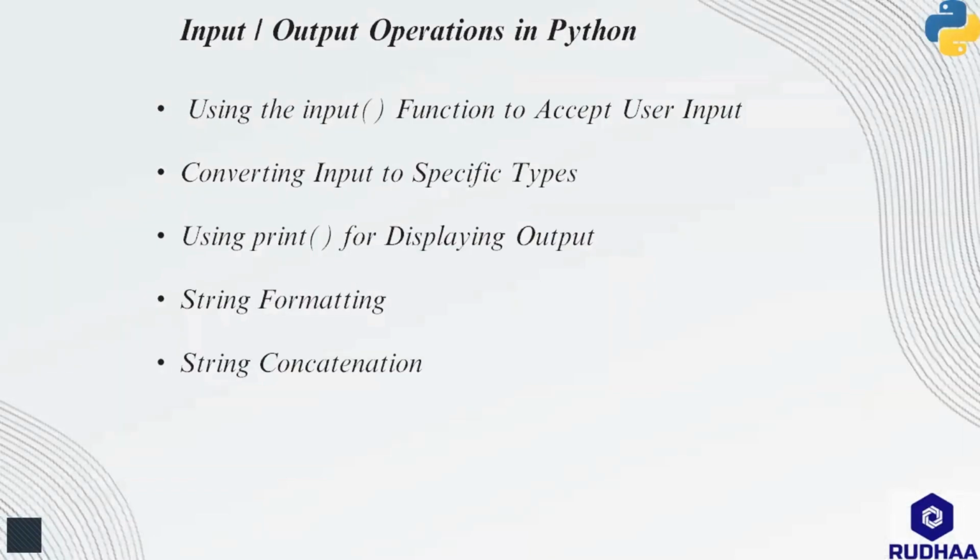So firstly, input output operations in Python. As you know, input means giving some data to the system and output is getting the result from that program. So here input is given using the input function. This input function will accept the input from the user, and it can also be converted into specific data types.